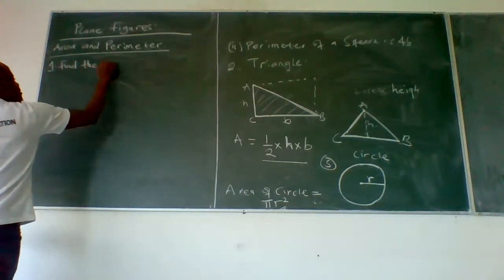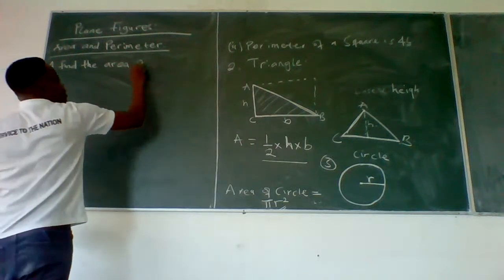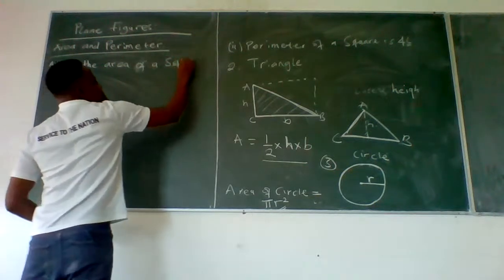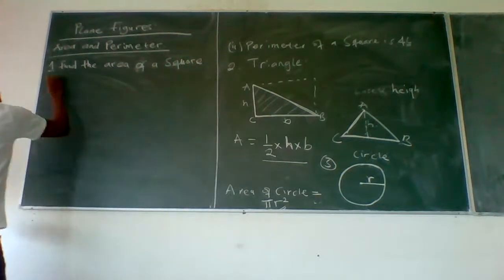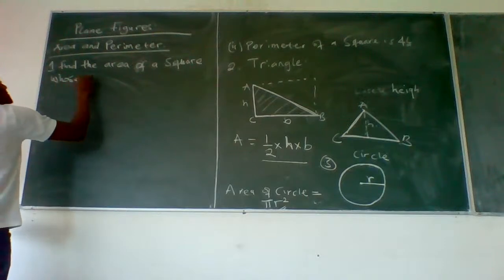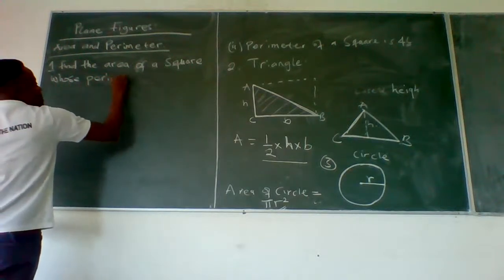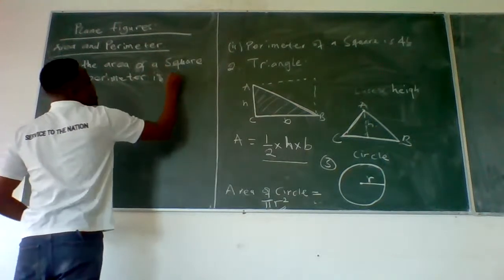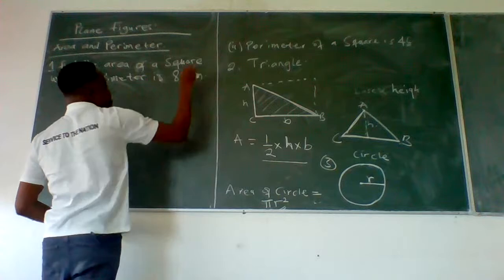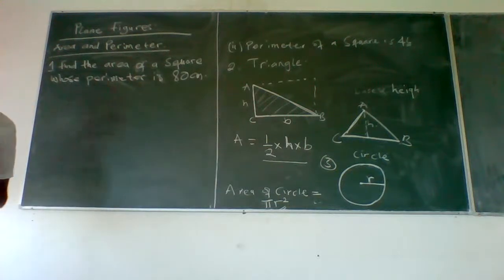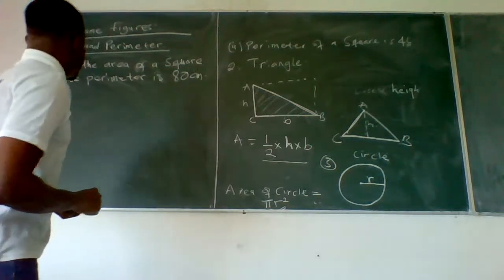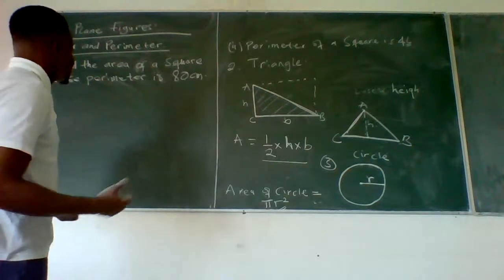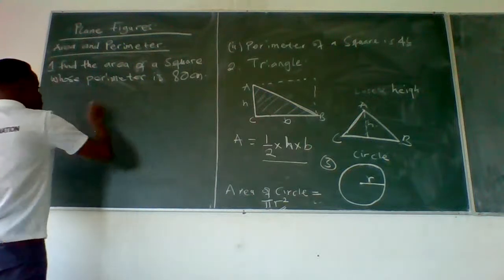You have been asked to find the area of a square whose perimeter is 80. And then we know that a square is what?